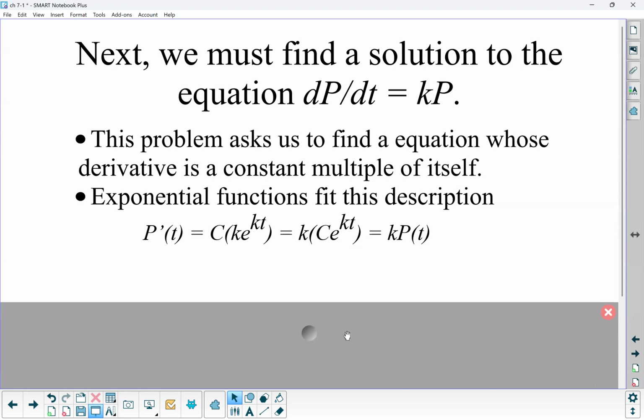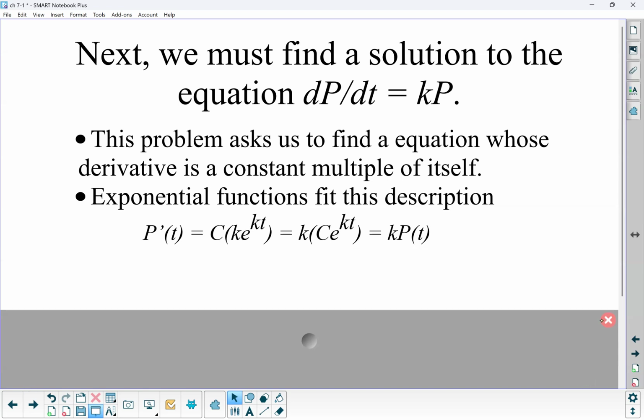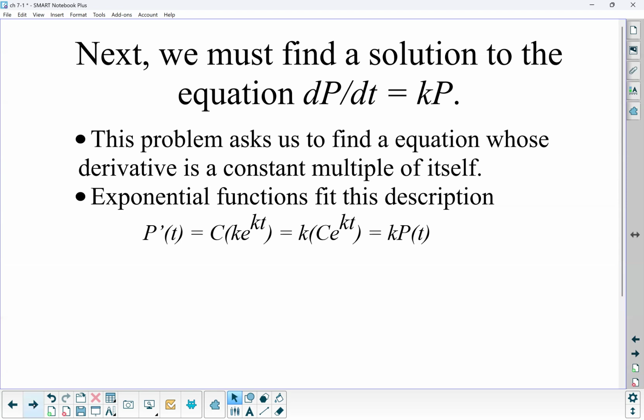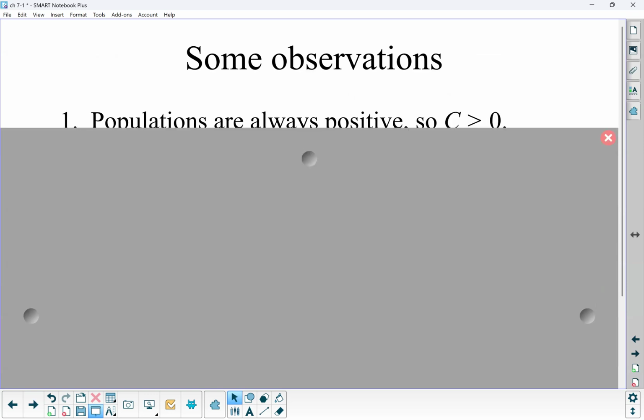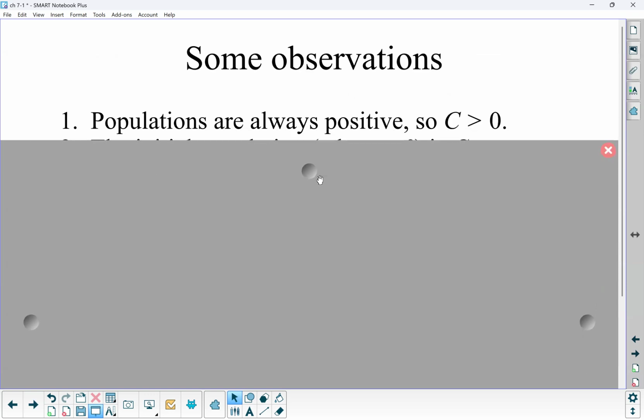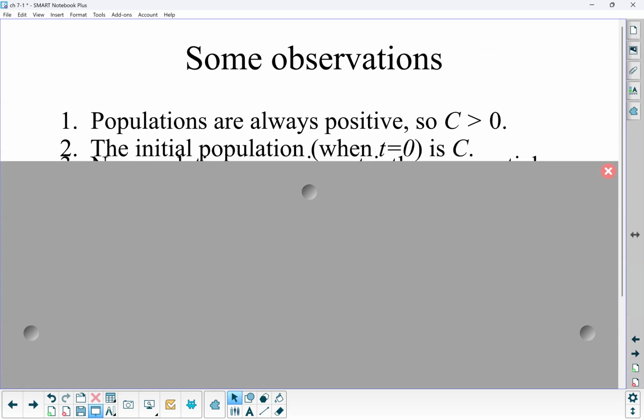So we have a constant times the population function. Because populations are always positive, our constant c has to be greater than 0. The initial population when t equals 0 would be c. You can find that by plugging 0 in for t.